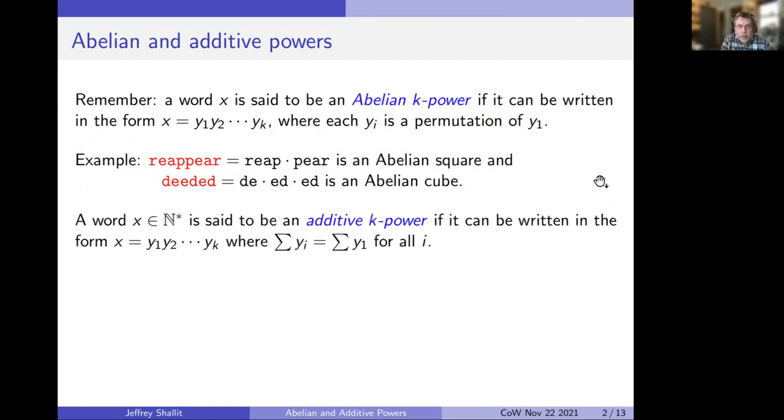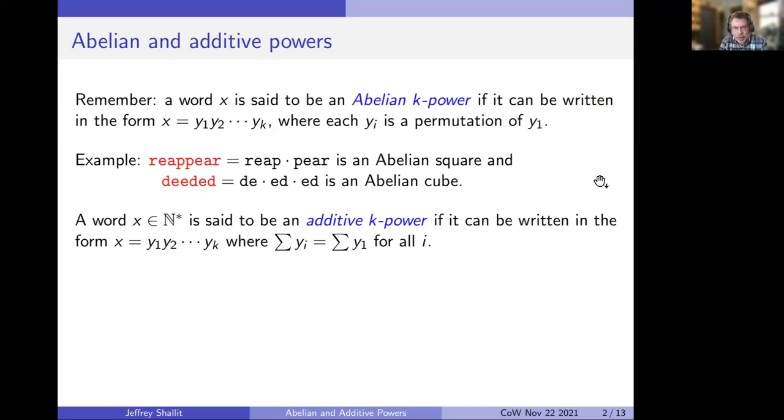A word over, let's say, the natural numbers is said to be an additive k-th power if you can write it as k consecutive blocks where each block has the same sum. And now I see I neglected to say, and also the same length. That's very crucial.